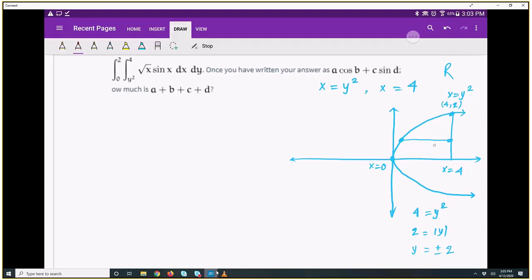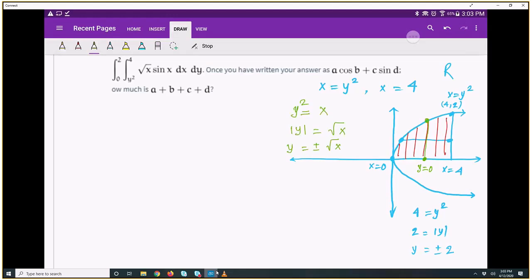So now I am going to understand this region of integration R in terms of the limits of y first. For the same region, we will integrate with respect to y, but y now starts at the x-axis where y is 0, and goes all the way to the parabola. The point on the parabola satisfies y squared equals x. So when I take the square root, I get the absolute value of y equal to square root of x, so y is plus or minus square root of x.